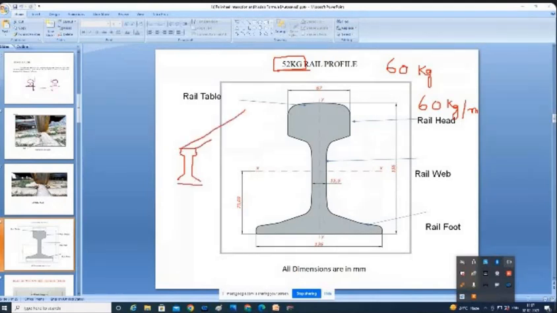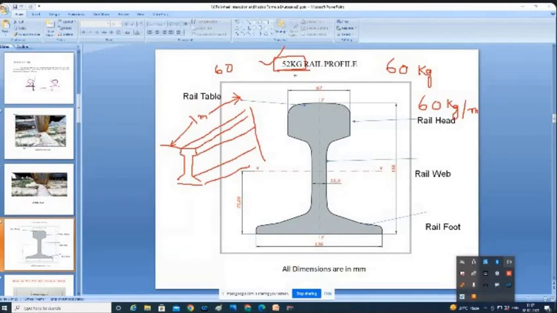If you cut a 1 meter length of a rail piece, so this length is 1 meter, and it weighs approximately 52 kg, then the rail used is a 52 kg rail. If it is approximately 60 kg, those rails are called 60 kg rails. If it is approximately 60 kg but with some profile change, which I will explain to you, that is called 60 kg modified rails.